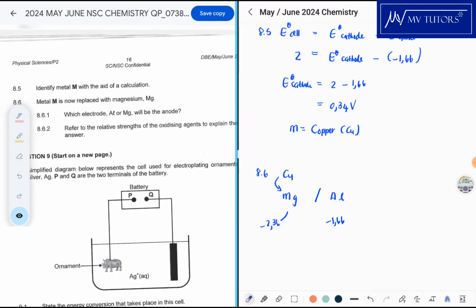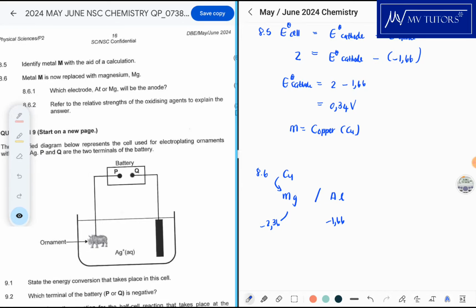Which electrode, aluminium or magnesium, will be the anode? Remember, at the anode, that is where oxidation occurs. That's where it's more likely to release its electrons.